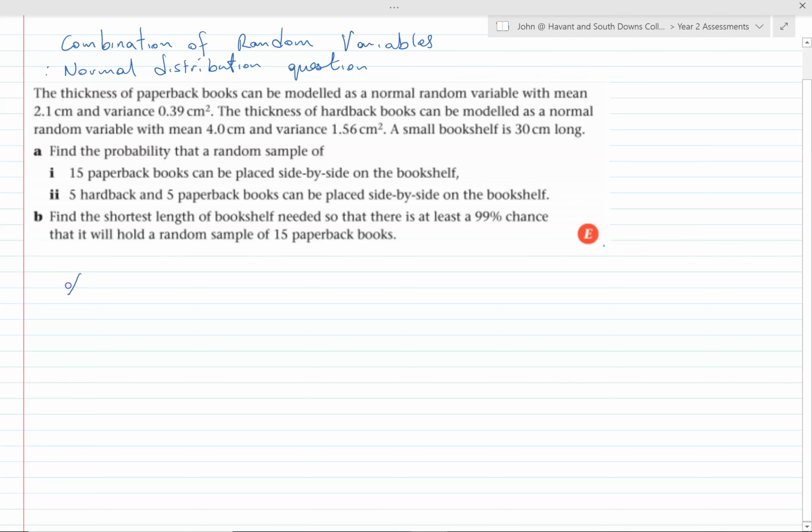So if we let X be the distribution of paperbacks, they're normally distributed with mean 2.1 and variance 0.39. That's the paperbacks.